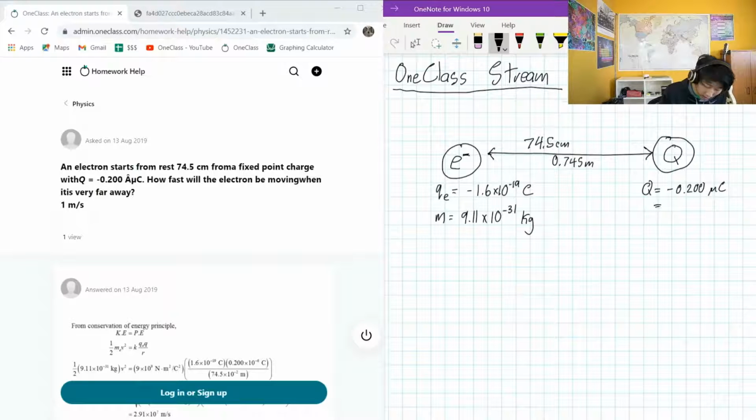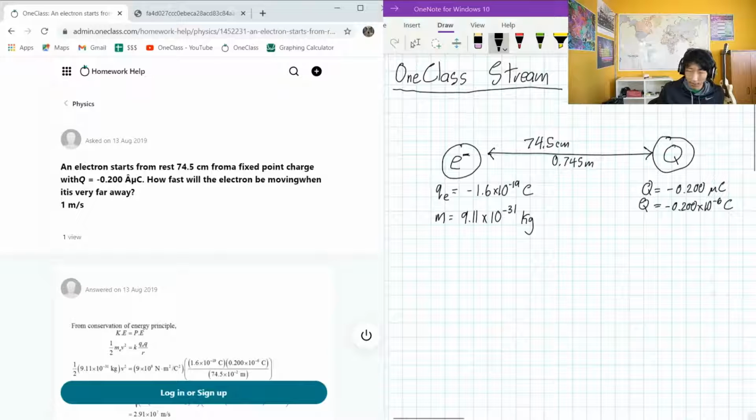Another way that we can write that is negative 0.200 times 10 to the negative 6 coulombs. And the mass is not really relevant for this point charge because it's fixed in place. Because it's not moving at all, we don't need to worry about its mass, and it's not given to us. Okay, so this is all the information that we need to solve this question.